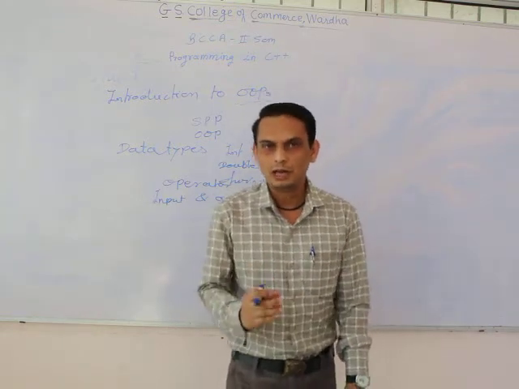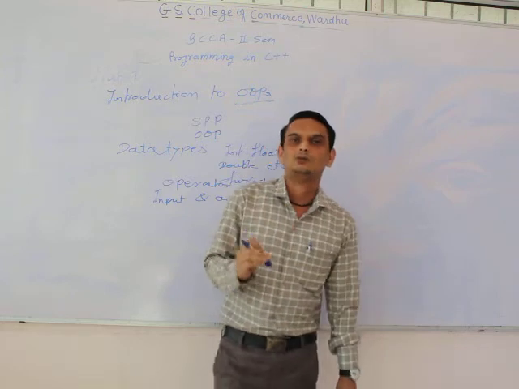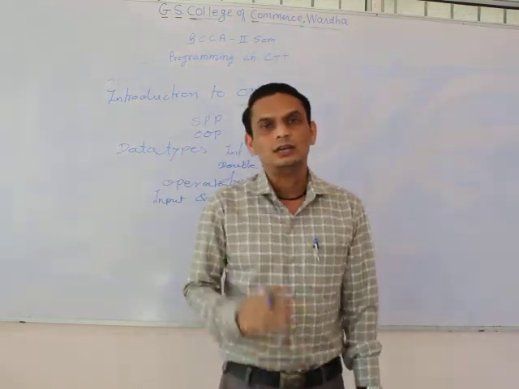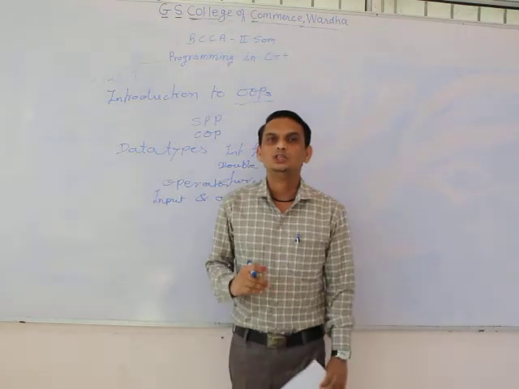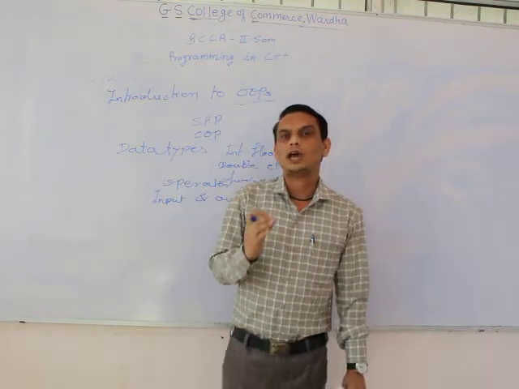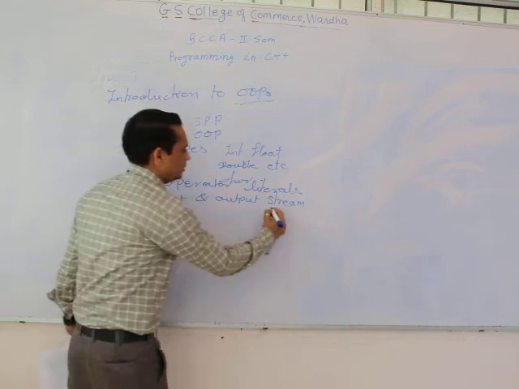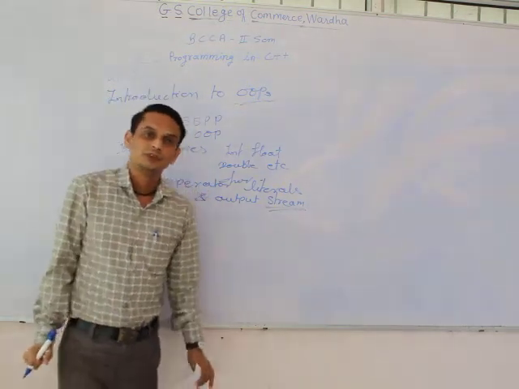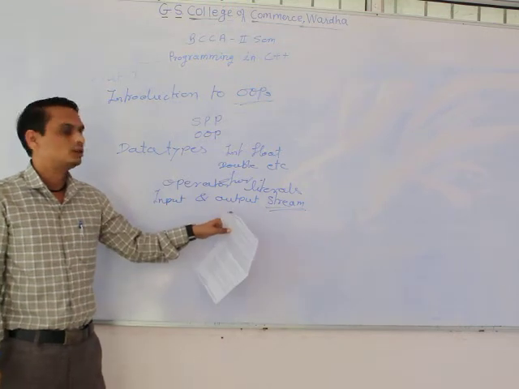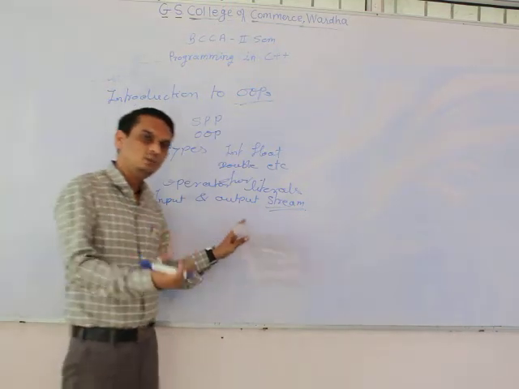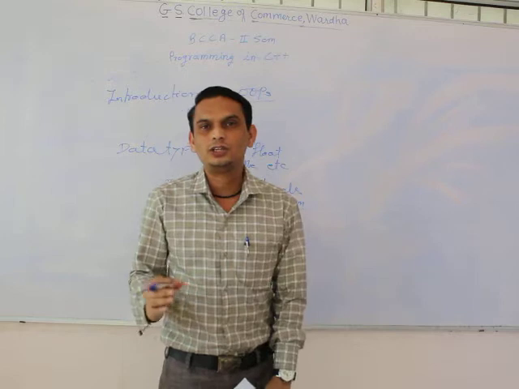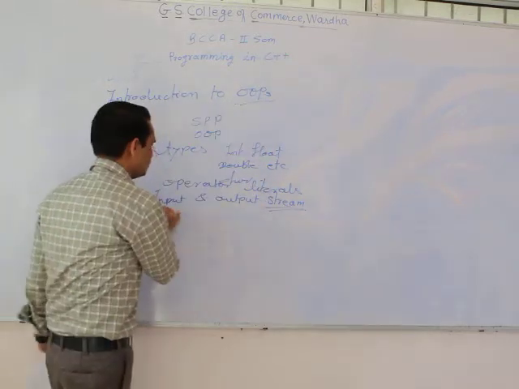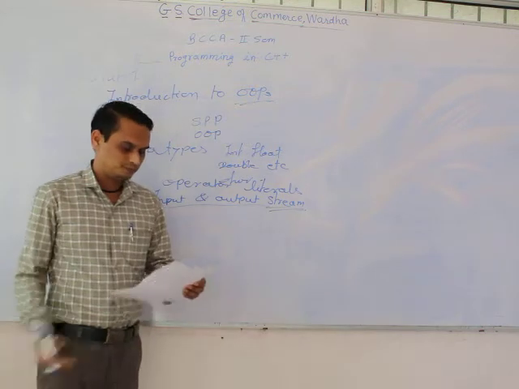At that time we use stdio.h, that is a header file. In the same way, in C++ we use the input and output stream. That header file is called iostream. These input-output streams, just like keyboard and screen operations or functions, are used in input-output.